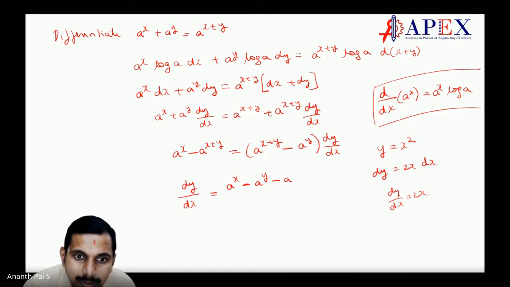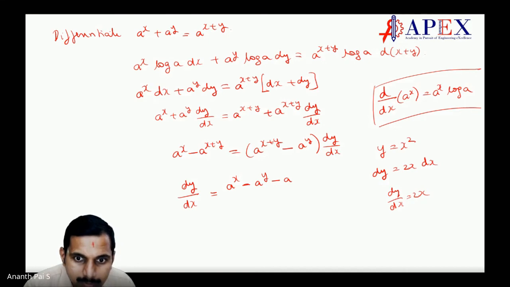Wait a minute. Just a second, did I make a mistake? A power x plus y divided by, wait a minute. So this has to be divided by. So no, let us write it again.